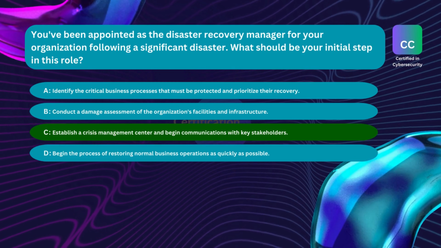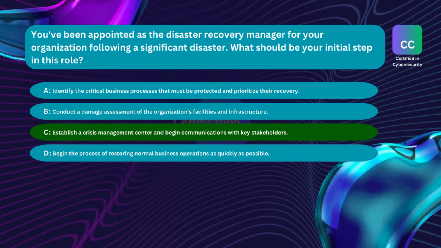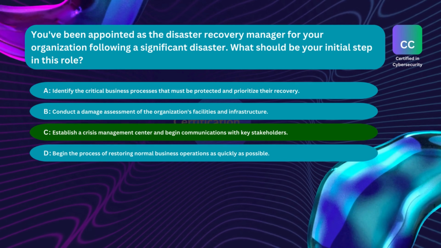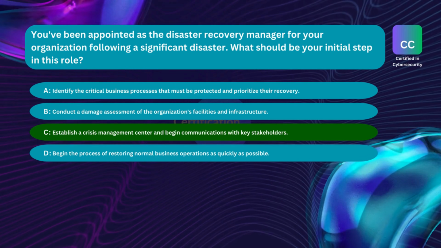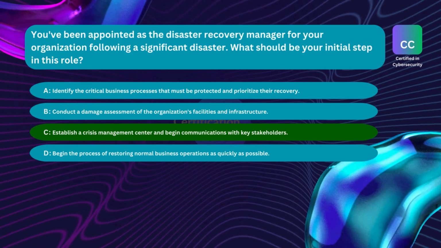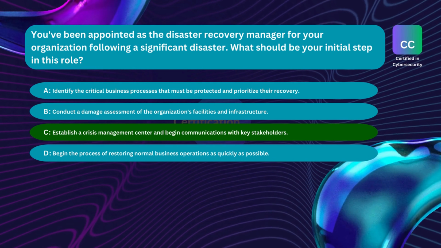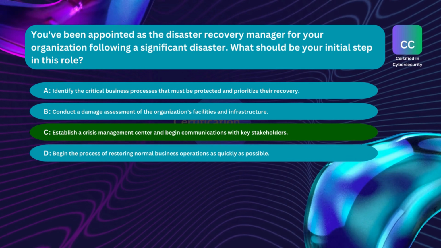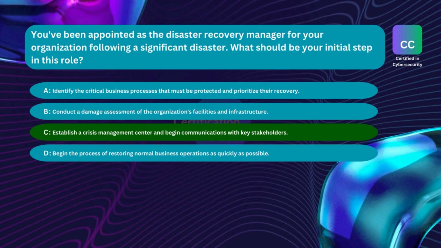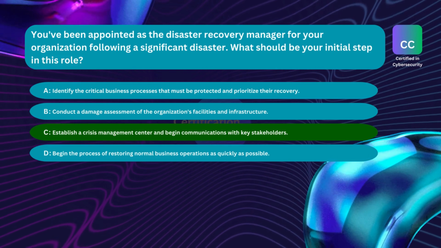This center should be equipped with the necessary resources and technology to facilitate effective communication with key stakeholders, including employees, customers, partners, and suppliers. In a real-world scenario, the disaster recovery manager might take a combination of steps A, B, C, and D, or they might prioritize one step over another, depending on the specific needs of the organization and the impact of the disaster.